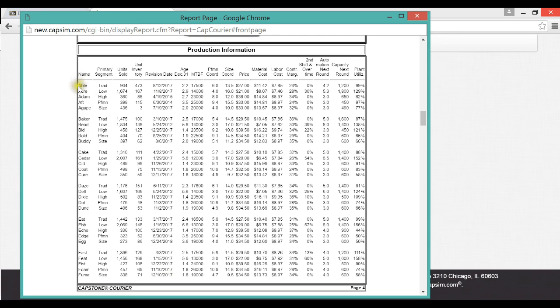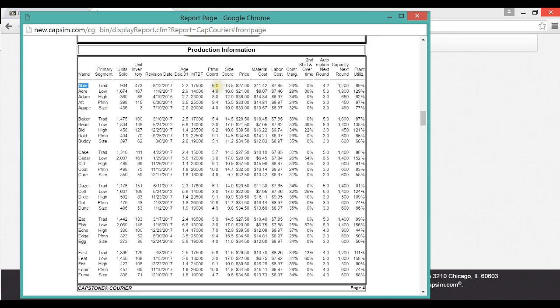So let's start with the first of my products, Able. If we look at the performance, and keep in mind this is the traditional segment, so it's supposed to be about average of everything.